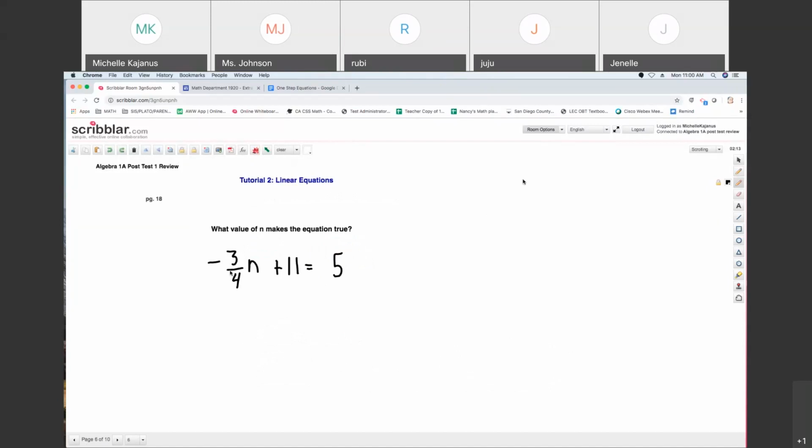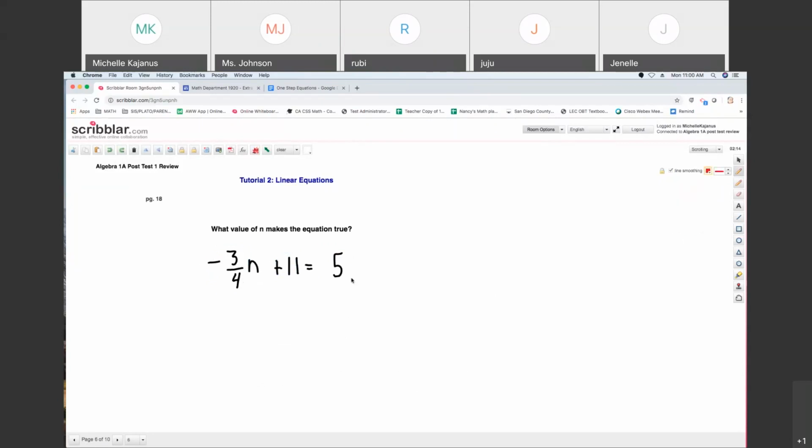So here, the goal is to get n by itself. And to do that, we need to get rid of everything that's around it. This one and this number right here. The only way to do that is by doing the opposite operation of each one.